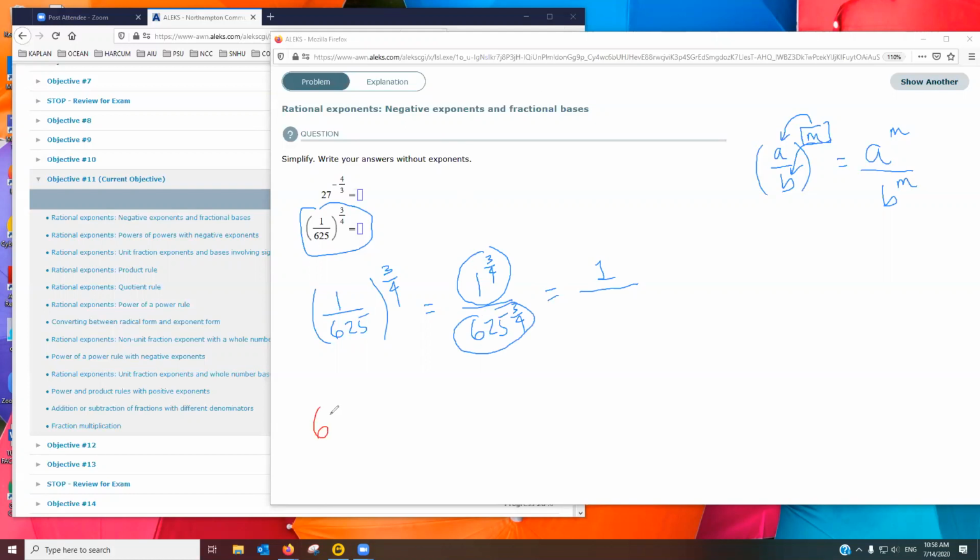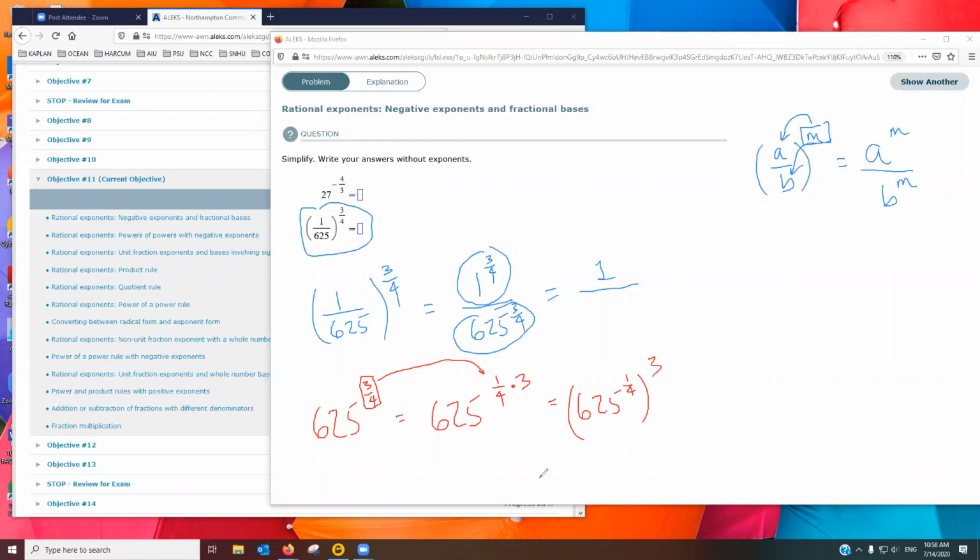Well, you might remember the way we thought about this was break this up and take the fraction 3/4 and write it as 1/4 times 3. Remember, the reason we're doing that is when you have the fractional exponent 1/4, it's the same as the 4th root. All right, I'm going to write this as 625 to the 1/4 raised to the exponent 3.